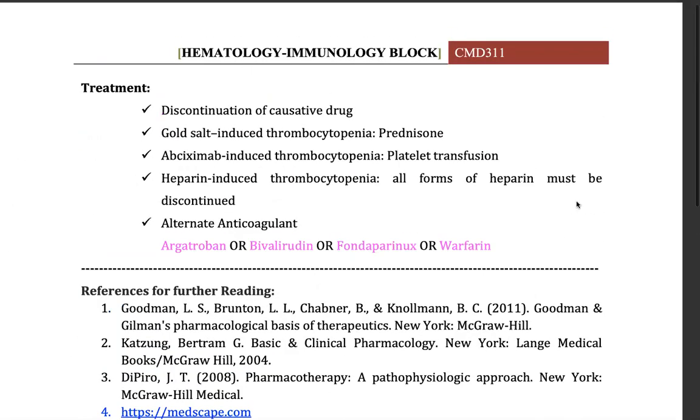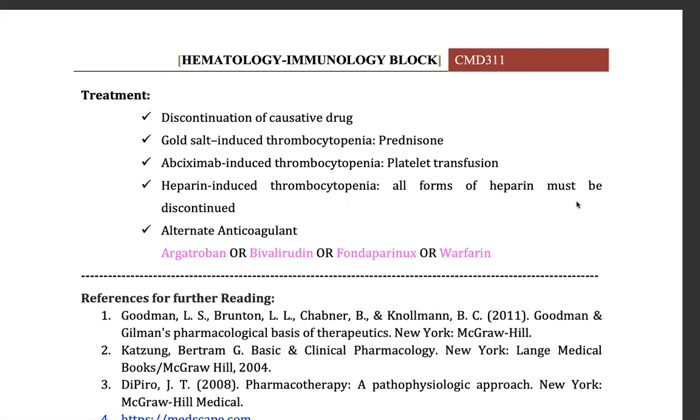And what is the treatment for this? Discontinuation of the causative drug, stop the heparin. For gold salt induced thrombocytopenia, you can use prednisone. For abciximab induced thrombocytopenia, platelet transfusion is required.